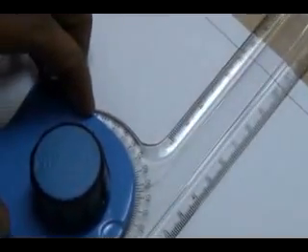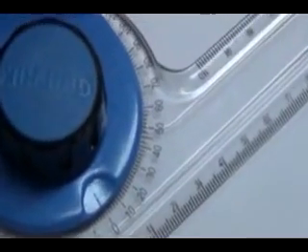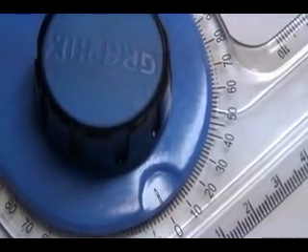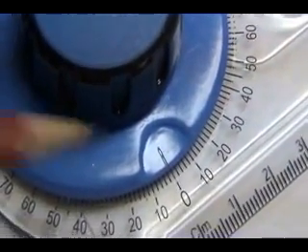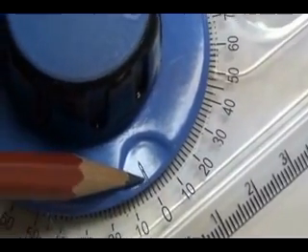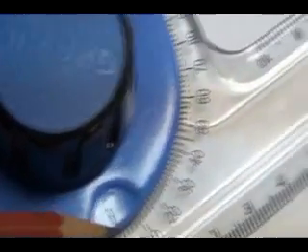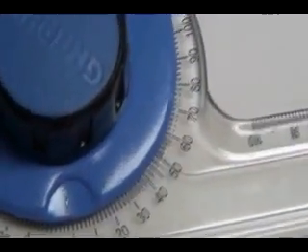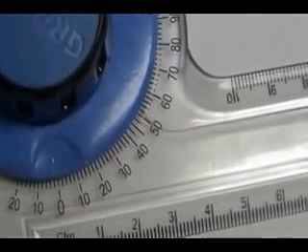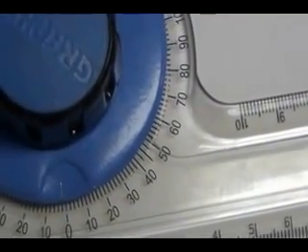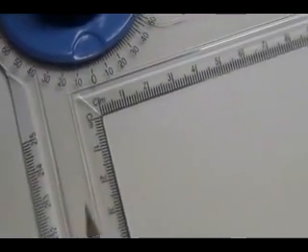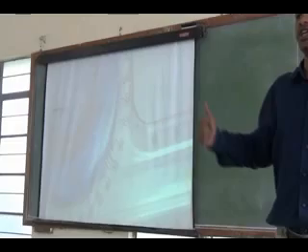Those two have to match exactly, the grading and the 0 degree. If it is perfectly matching, then your fixing of the paper, your drafter and your drawing table, everything is perfect.